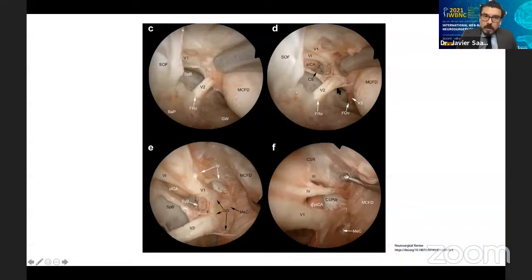And the exit of the mandibular nerve. You can also see here the middle meningeal artery. If you keep dissecting more posteriorly, you will get access to the Gasserian ganglion. Here you can see the Gasserian ganglion very well exposed. Also, if you go more medial, of course, you will get access to the clinoidal internal carotid artery.